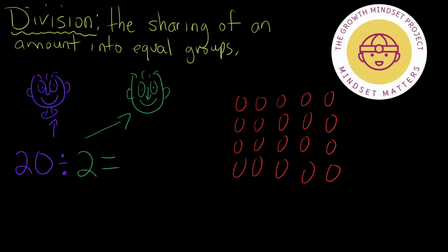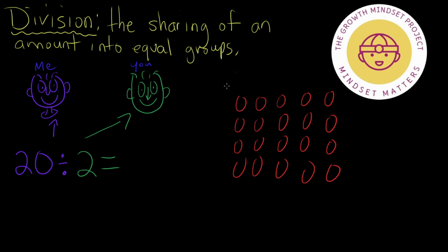So we have 20 apples divided into equal groups, which is going to be 2 equal groups because there's me and there's you. We need to think about now, can we evenly or equally group these apples right here into 2 groups, so there's none left over?